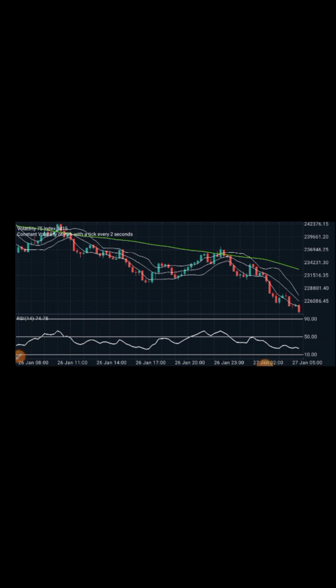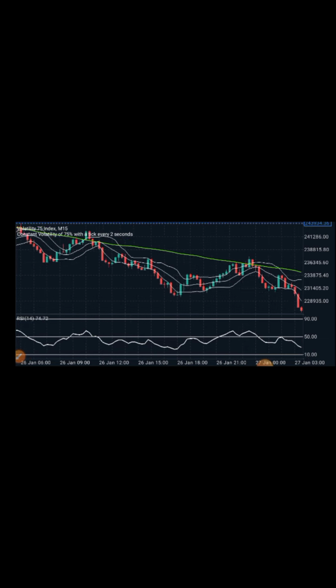And when you want to buy, your moving average will be below the Bollinger Band and your candlestick. Make sure that your Bollinger Band is not touching the moving average and your candlestick is not touching the moving average before you enter your trade.